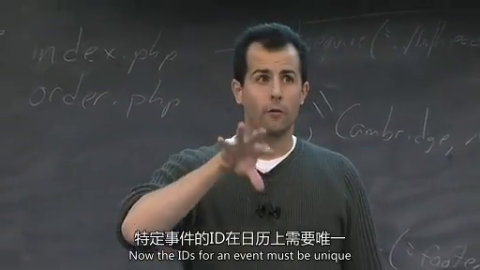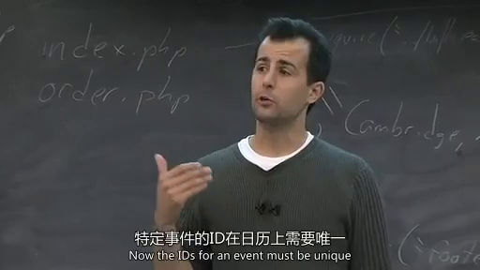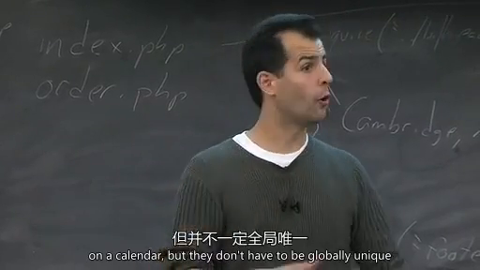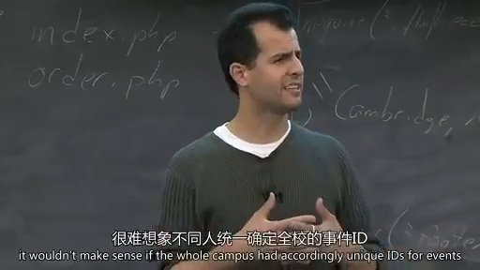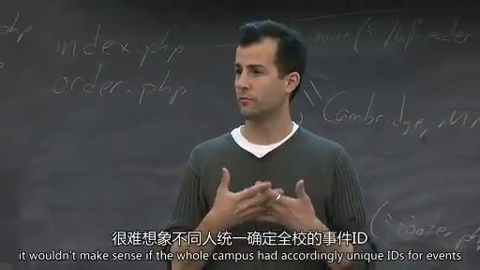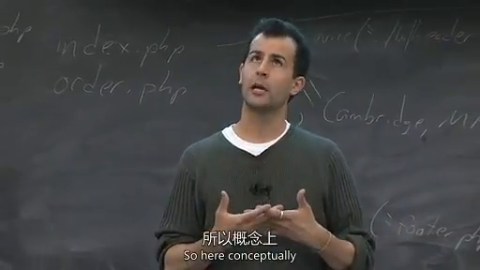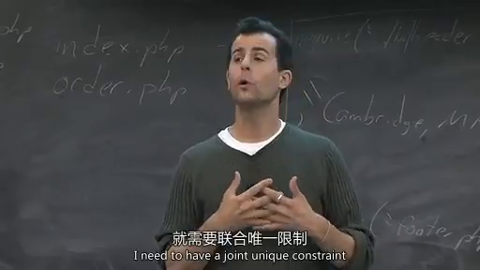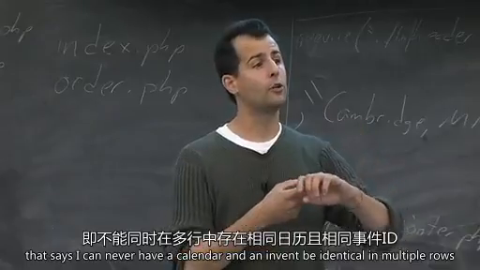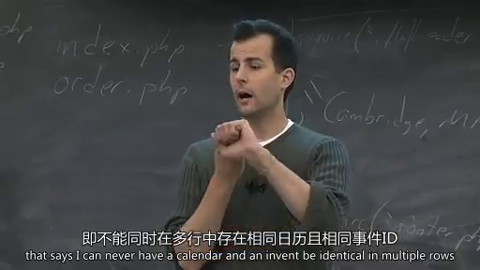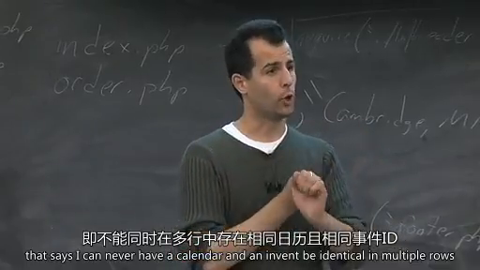Now, the IDs for an event must be unique on a calendar, but they don't have to be globally unique because all of these are independent calendars run by different people. It wouldn't make sense if the whole campus had to coordinate unique IDs for events. So here, conceptually, I need to have a joint unique constraint that says I can never have a calendar and an event be identical in multiple rows.